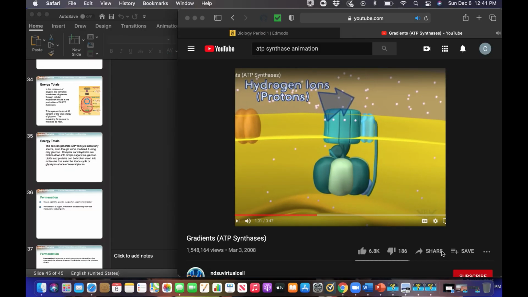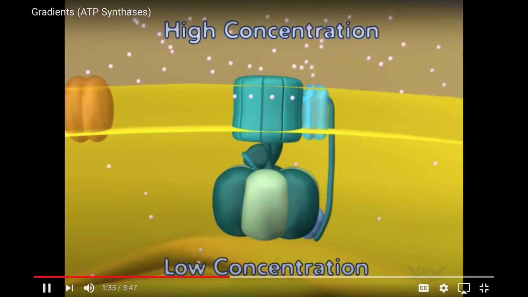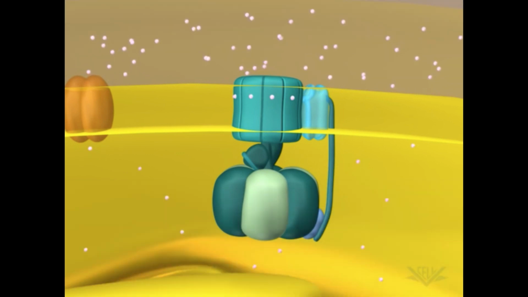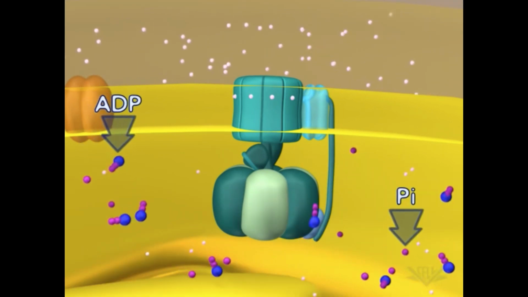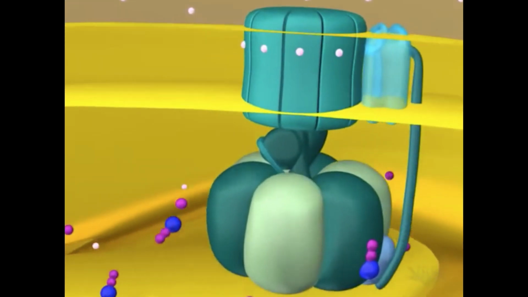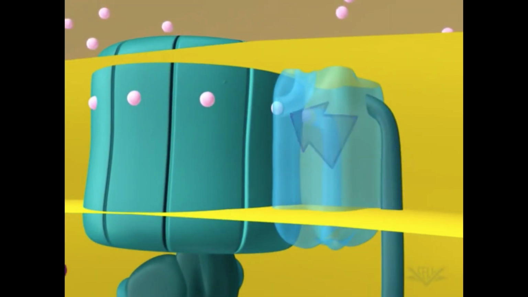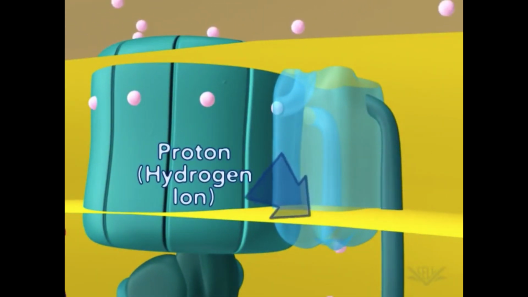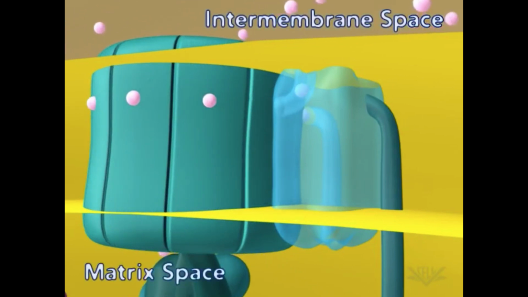Of hydrogen ions on the 2 sides of the membrane. This difference is a hydrogen ion, or proton, concentration gradient. The energy associated with this gradient is used to synthesize ATP from ADP and Pi. This occurs at the ATP synthase complex. One hydrogen ion enters the ATP synthase complex from the intermembrane space, and a second hydrogen ion leaves it on the matrix space.